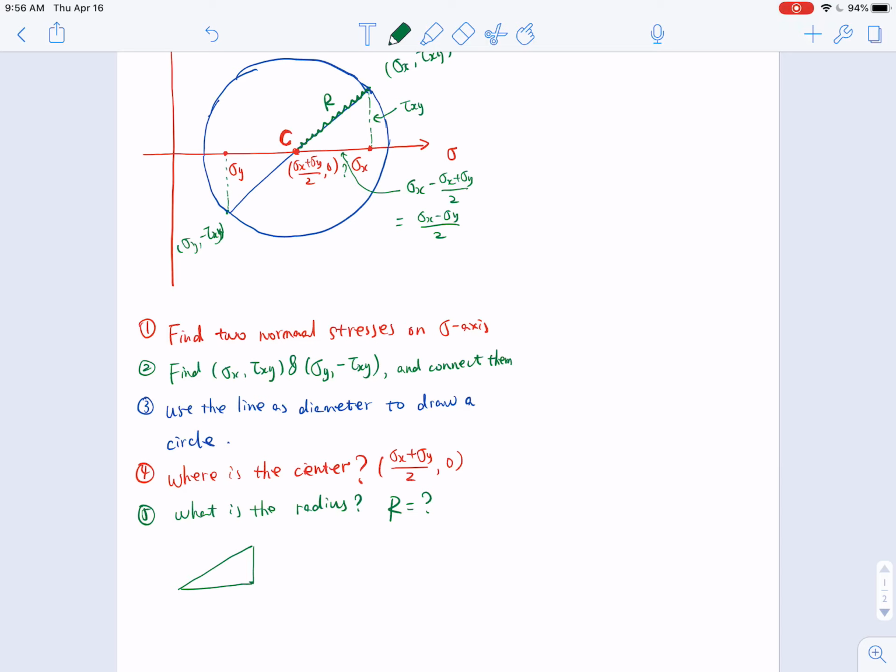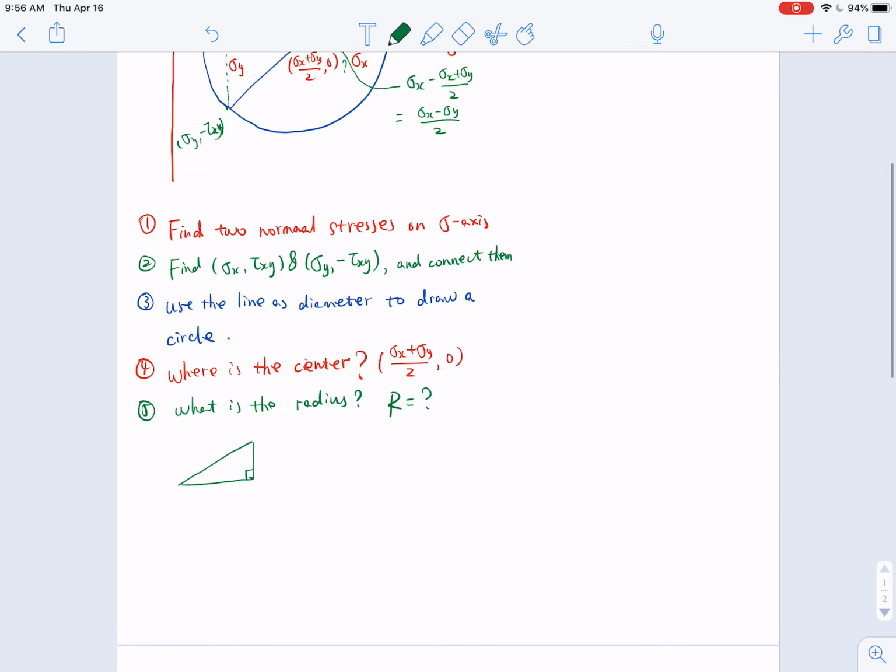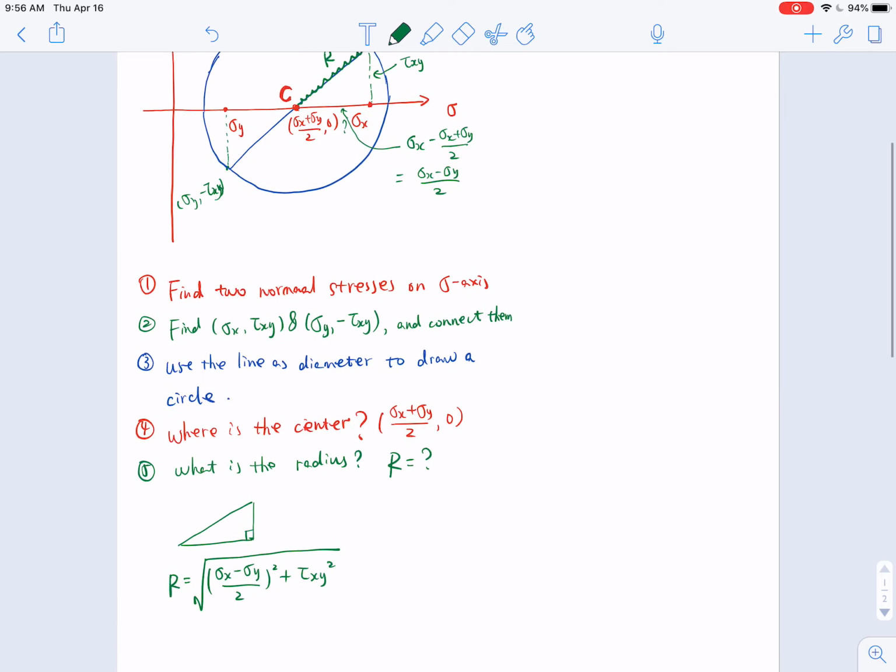Then from this triangle, you can get that R equals the square root of sigma x minus sigma y over 2 squared plus tau xy squared. So this is the radius of this circle.